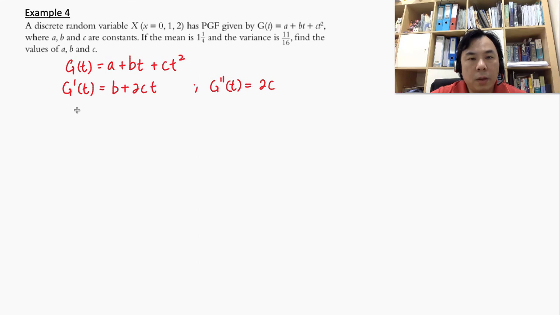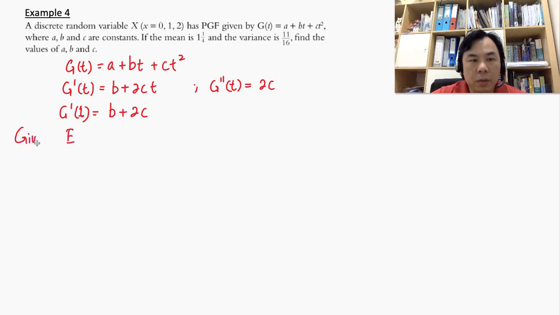Now next, we are given the mean equal to this. I'm going to substitute t equal to 1 here. If I substitute t equal to 1, I will get b plus 2c, and this is exactly the same as what we are given.